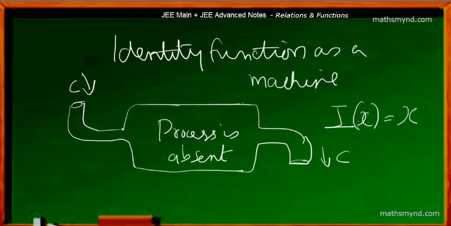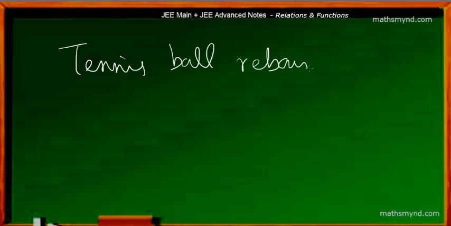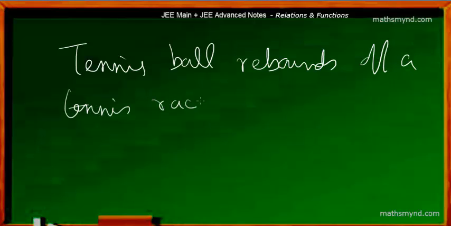Now, coming on to the particular example which we are looking at in this video, when a tennis ball rebounds off a tennis racket, now what happens to the particular, we are taking the example from simple physics mechanics of the racket.